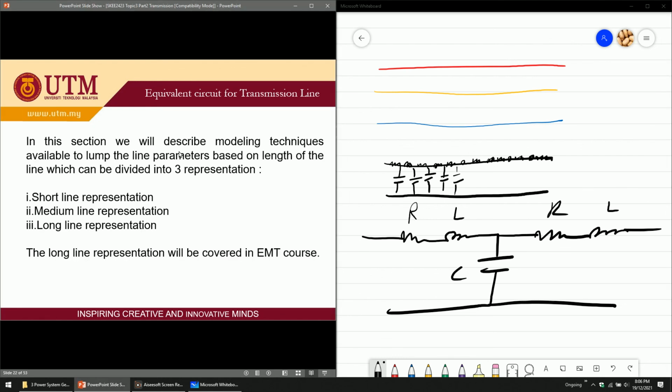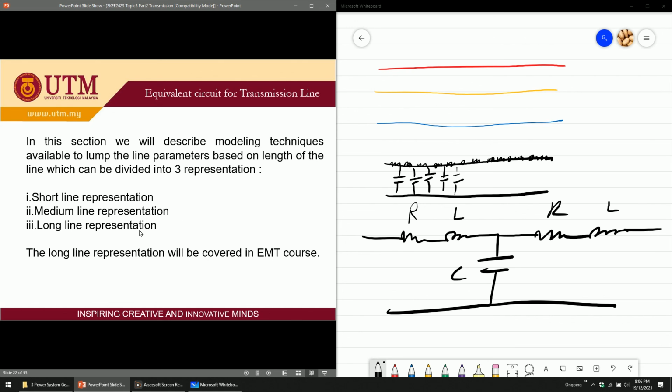In this section, we will describe the modeling techniques available to lump the line parameters based on the length of the line, which can be divided into three representations. This line can be a short line, medium line, or long line. For a short line, the representation can be simpler.